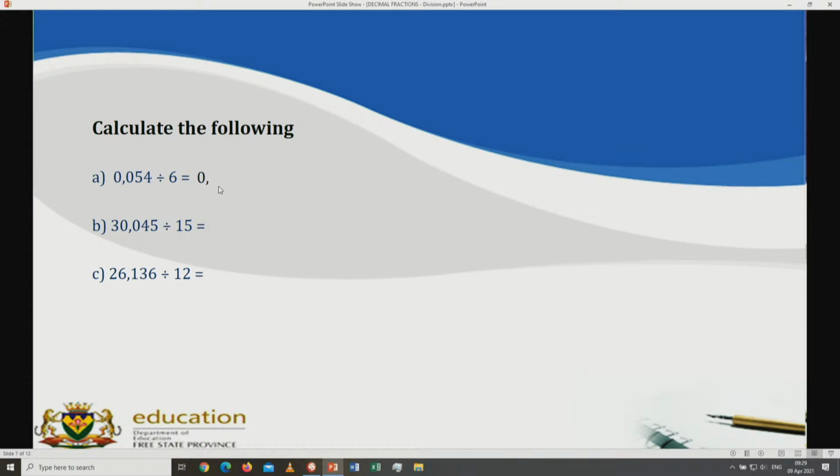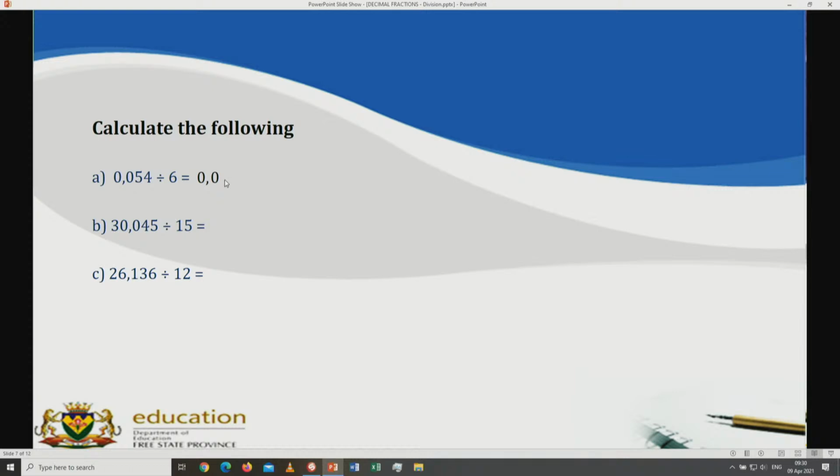Now can we do it directly? Yes. 6 into 0 goes how many times? It does not, so we are going to have 0, comma. And then 6 into this 0 goes how many times? 0 times. 0 divided by 6 is 0, and then 0 divided by 6 is also 0. And then 6 into 5, it does not.